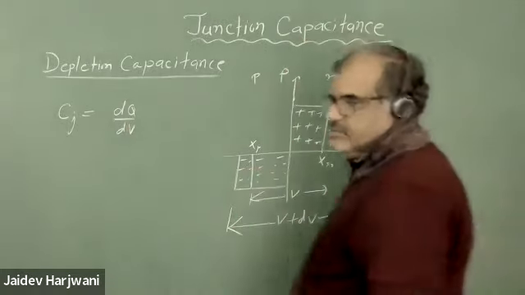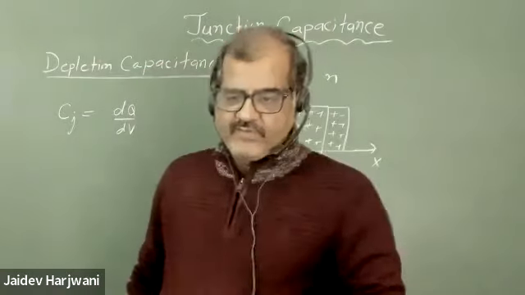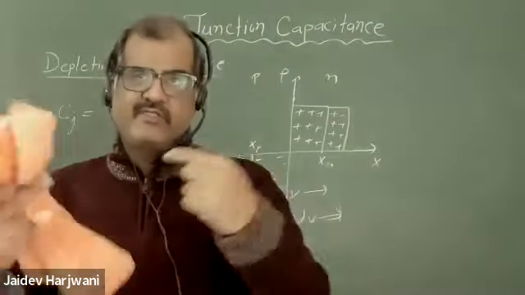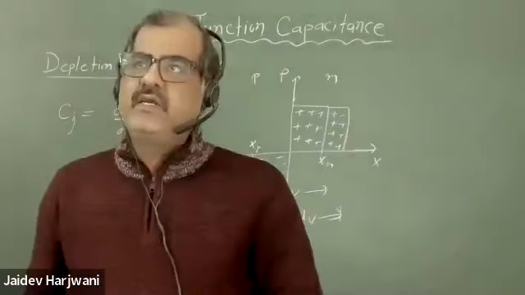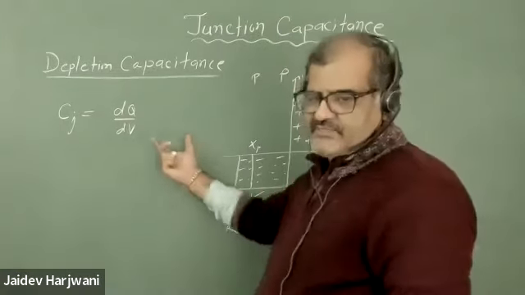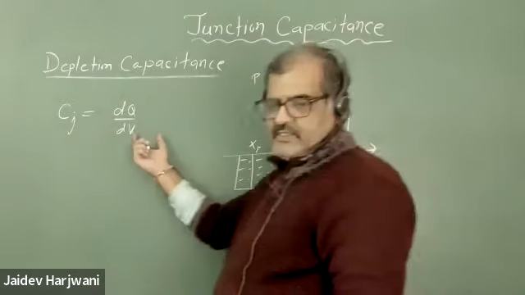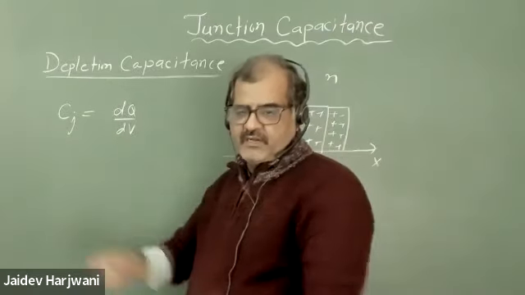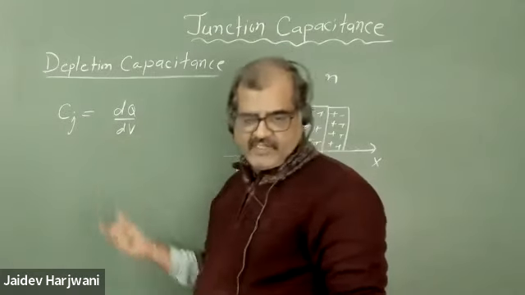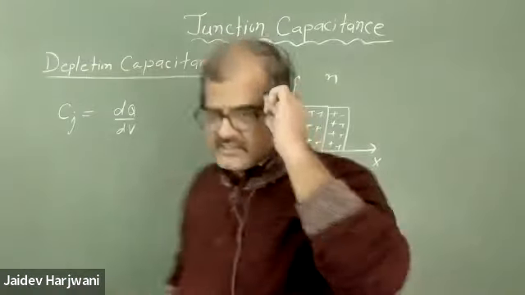So whenever you make an equivalent circuit of a PN junction, along with resistance you also show a capacitor along with the diode. This capacitance value is very low, but it still has a significant impact. In switching circuits it reduces the speed of signal communication, so because of this junction effect you cannot achieve very high speeds in these diodes.